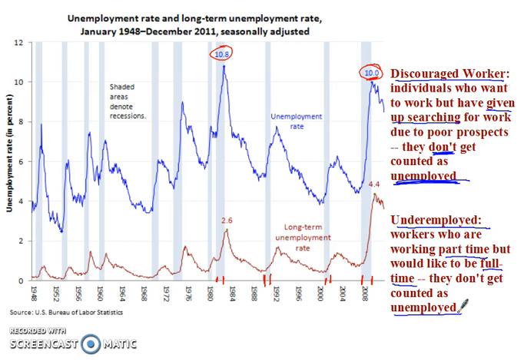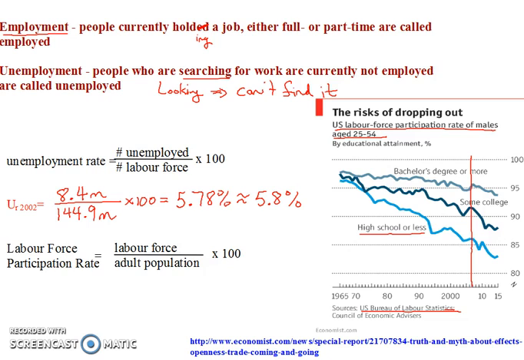So they want to be working more, but they can't, and so they are counted as employed, but they don't really feel that way. They want to be working more. So these are just two shortcomings when we think about the unemployment rate. It's not a perfect number. You have to consider both the unemployment rate and the labor force participation rate.